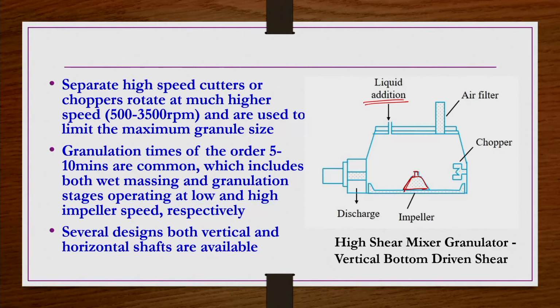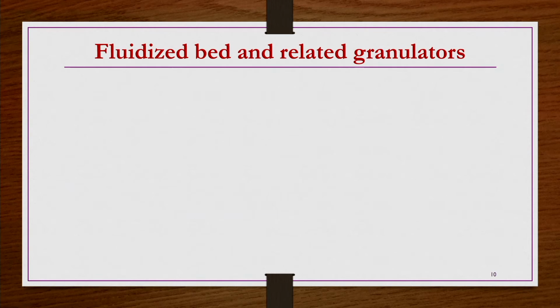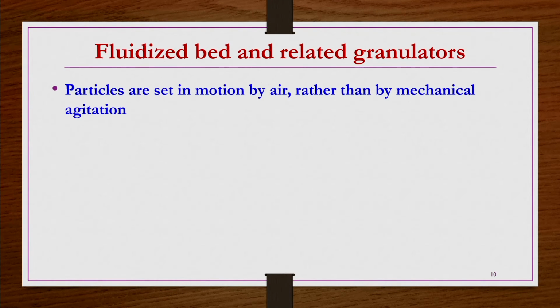We have taken only 2 designs of high shear mixer granulator, horizontal and vertical driven shear. As per the requirement, one can choose these designs or even modify the designs as per the requirements. Then fluidized bed and related granulators is the other type of granulators that we have seen. So we see some details about them now.